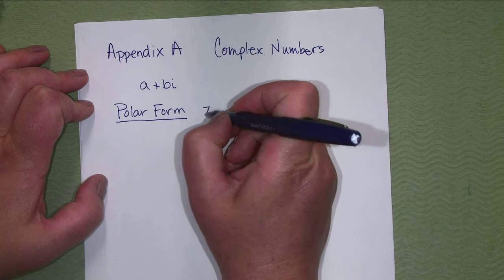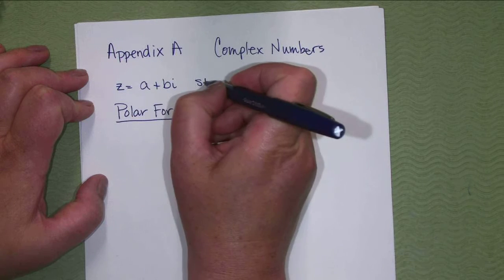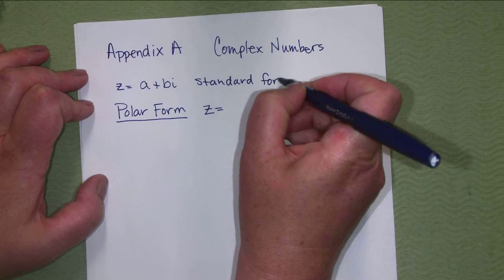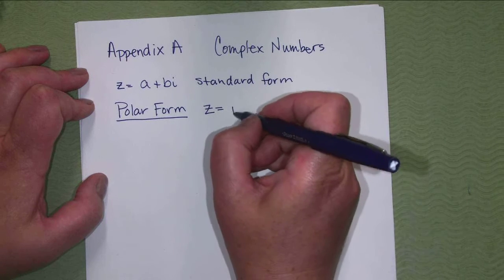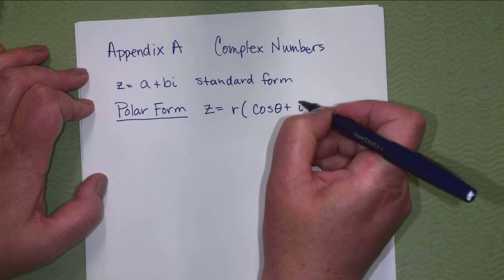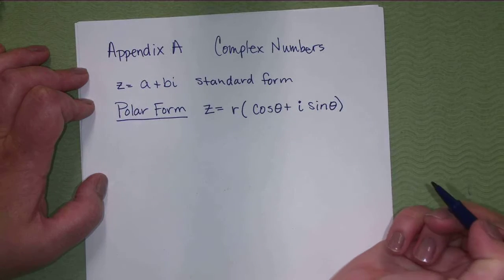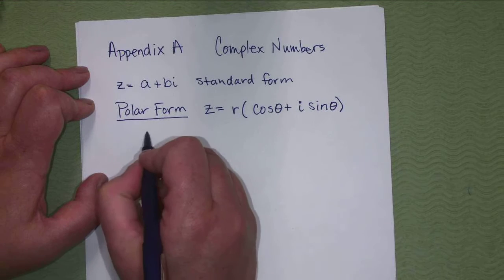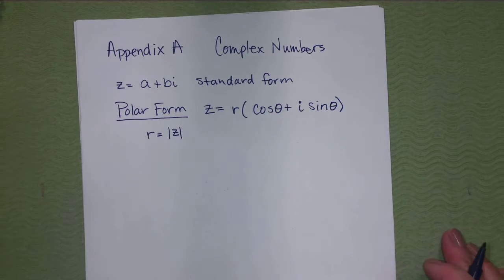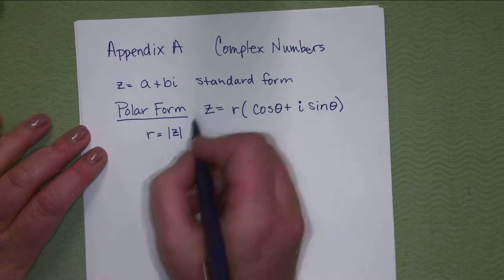So up here, this is called standard form. And polar form is r(cos theta plus i sine theta). So r is the modulus of z, which we said last time was the square root of a squared plus b squared.